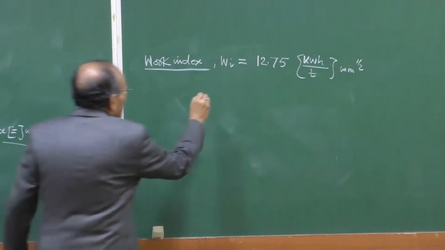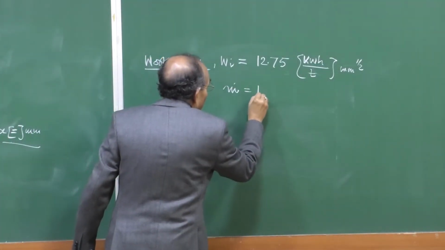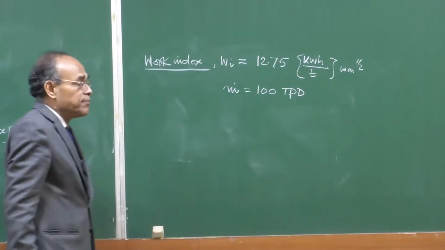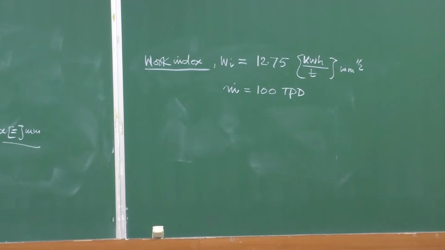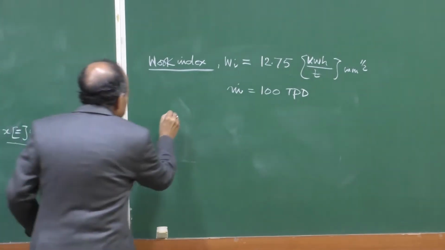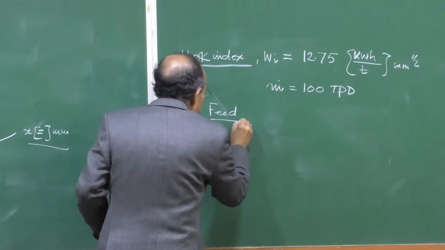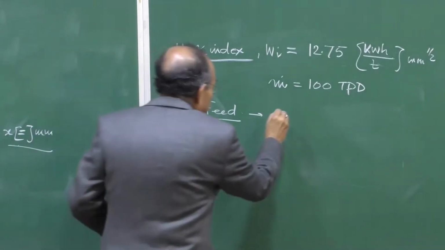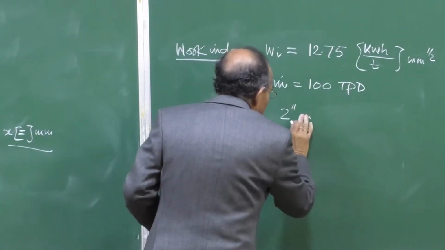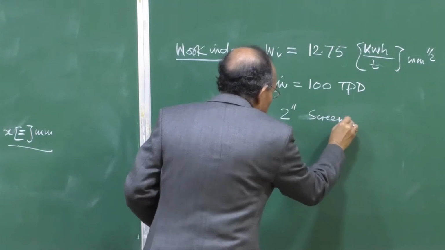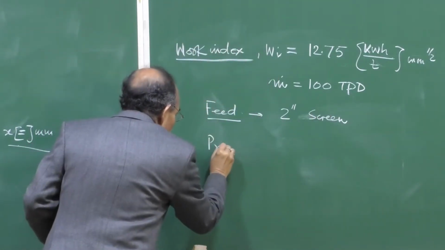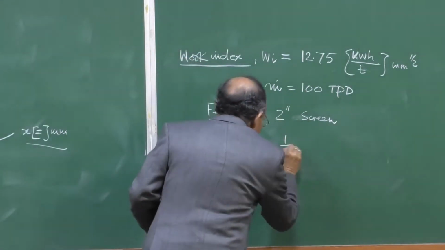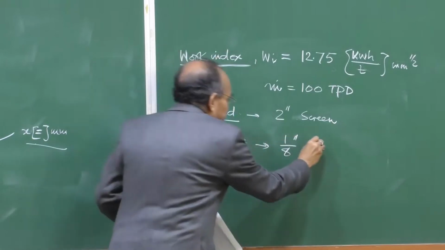The feed rate is given to be 100 TPD, tons per day, and we are given that 80% of the feed passes through a 2-inch screen and 80% of the product passes through 1/8 inch. This is just a redundant exercise.